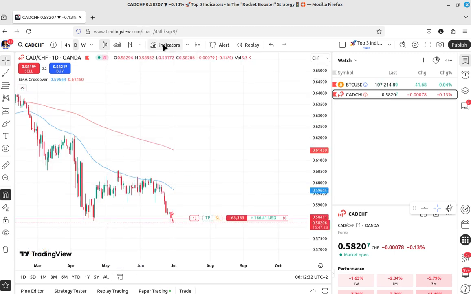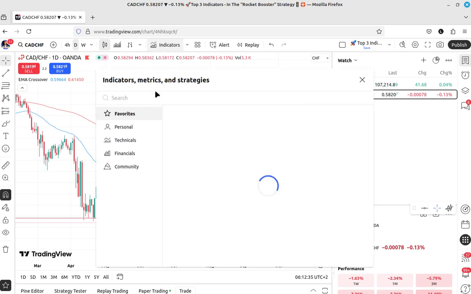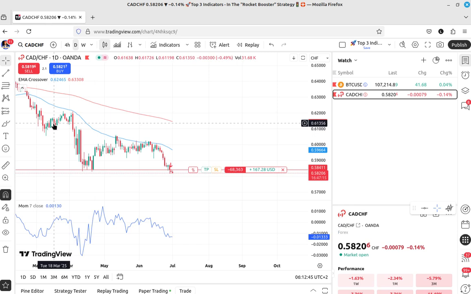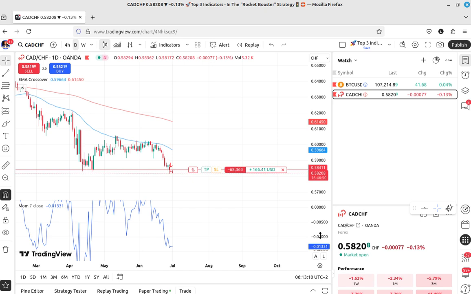Let's check the momentum. I think a rise in momentum does symbolize a pullback, right?